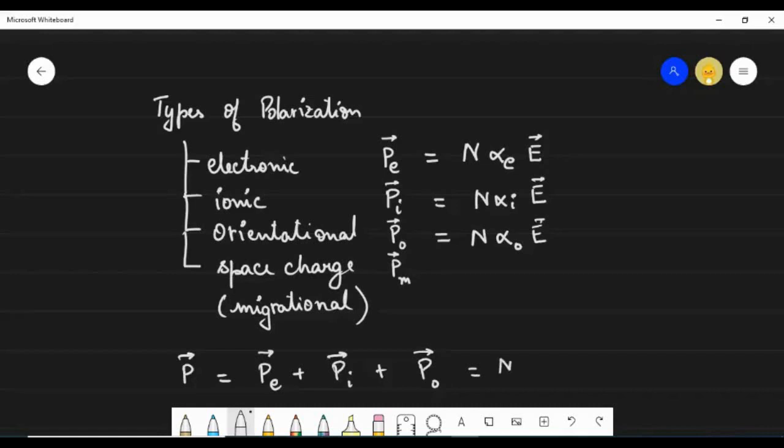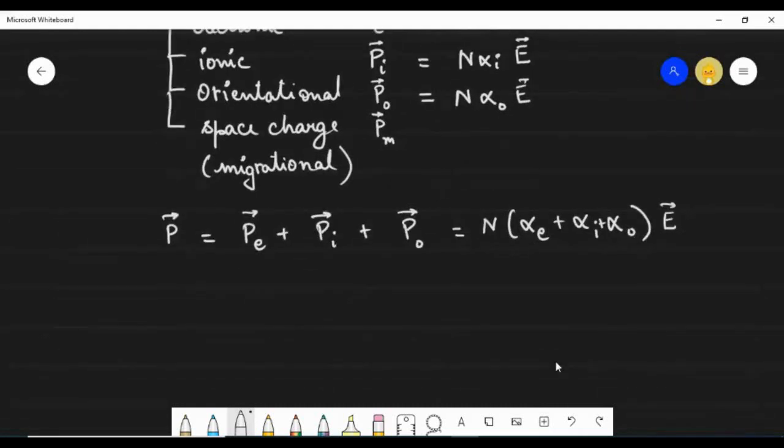The quantities alpha E, alpha I, and alpha naught are polarizabilities. The sum of the electronic polarizability, ionic polarizability, and orientational polarizability is the net polarizability alpha.